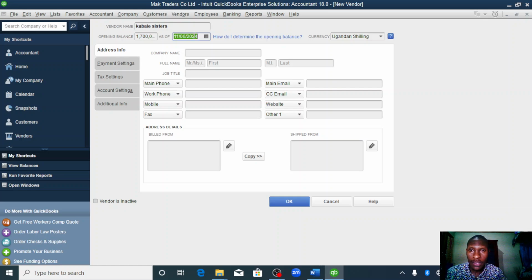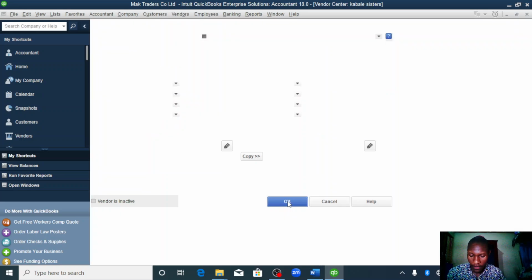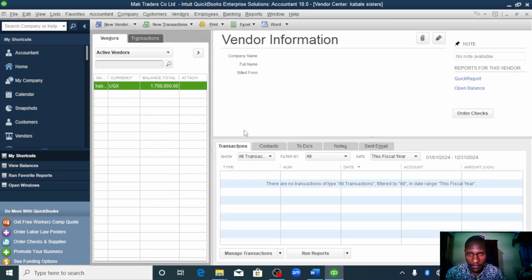Go here and update the date. Click OK. We go to another vendor who is Masaka Traders.